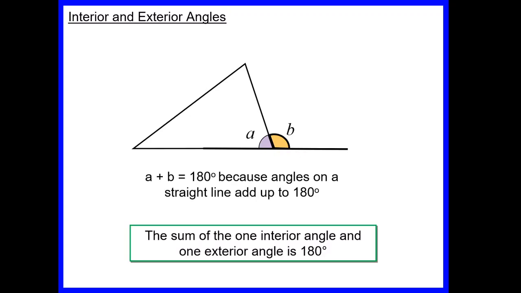So we can say then that the sum of one interior angle and one exterior angle is 180 degrees, and that is true for all of our different polygons, so many-sided shapes that we're going to be looking at. So one interior angle plus one exterior angle will always add to 180 degrees. Again, pause the video. Things in green boxes are important facts that we need to know, so please make a note of that in your book.